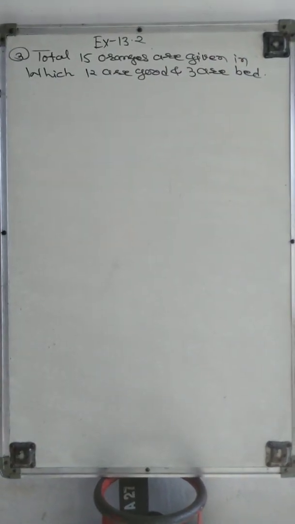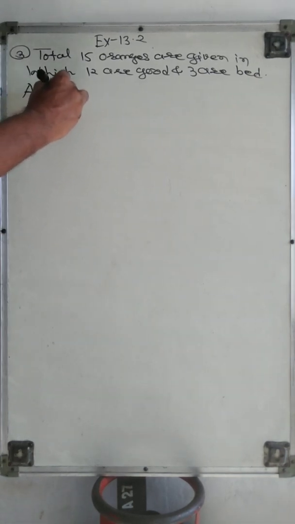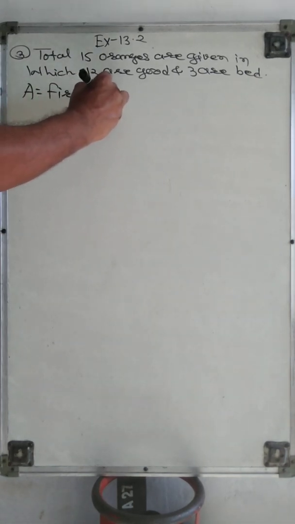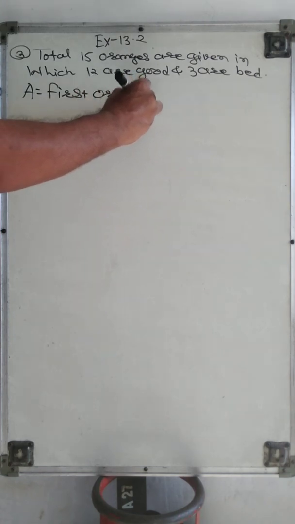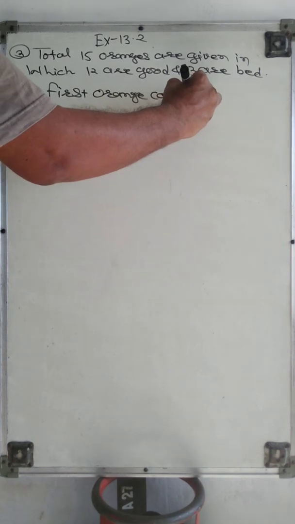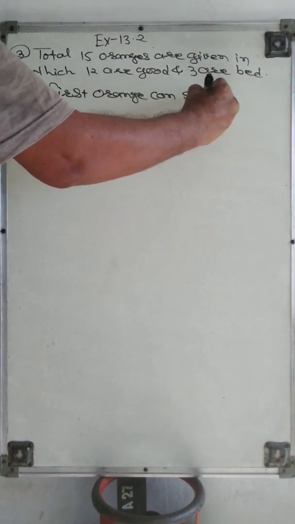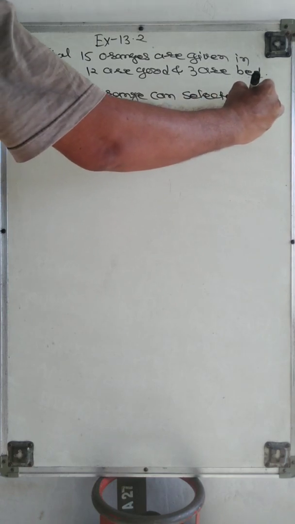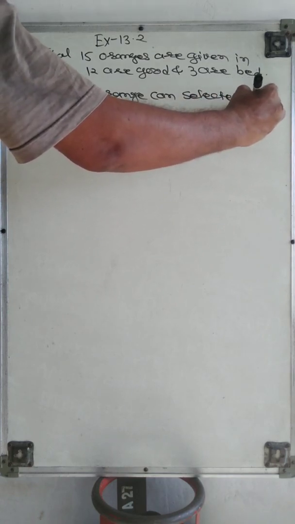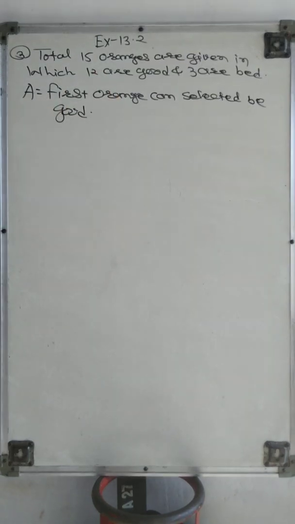Now our first event is A, that the first good orange can be selected.